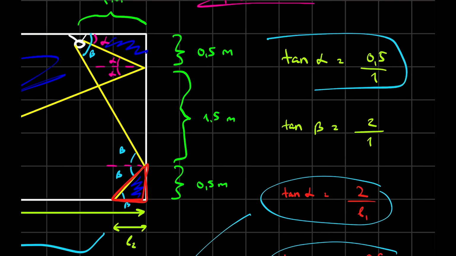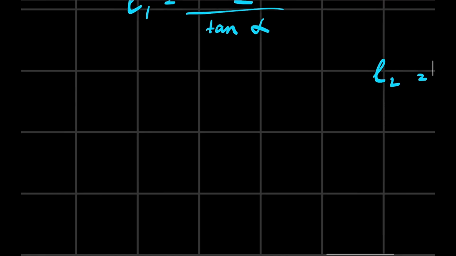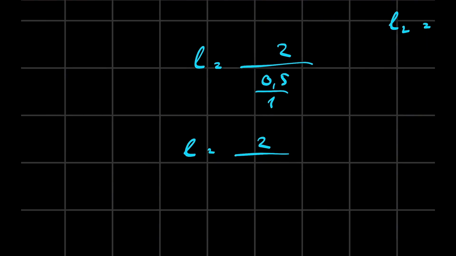We can just take it from here and put it inside. Tangent alpha is 0.5 divided by 1. Well, it changed nothing. Just L equals 2 divided by 0.5, which is just 2 divided by 1 over 2, right? And it gives us L equals 4 meters.